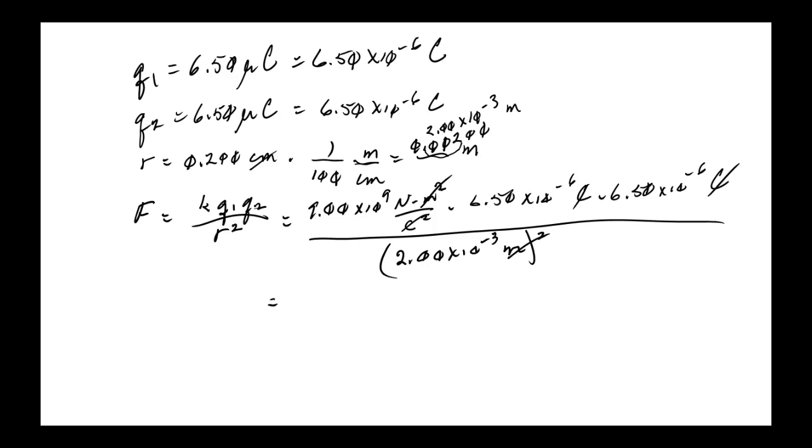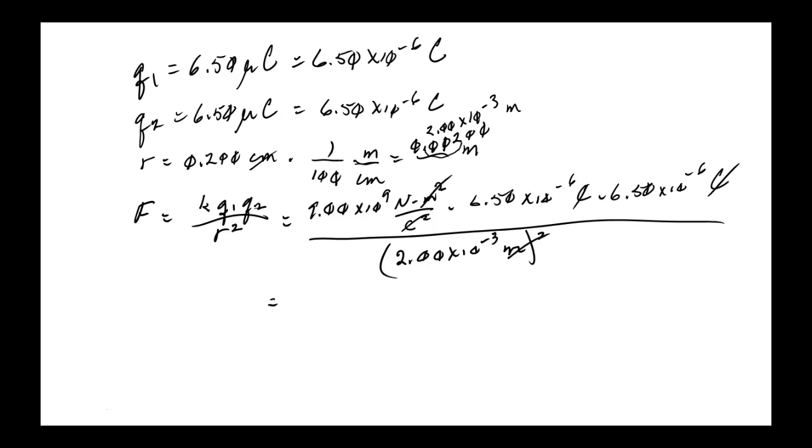Yeah, that's it. Times 6.5. Negative 6, right? Times 6.5, EE, right?